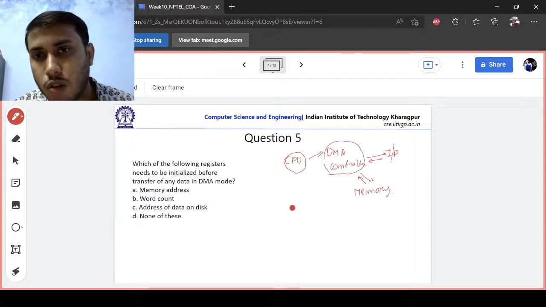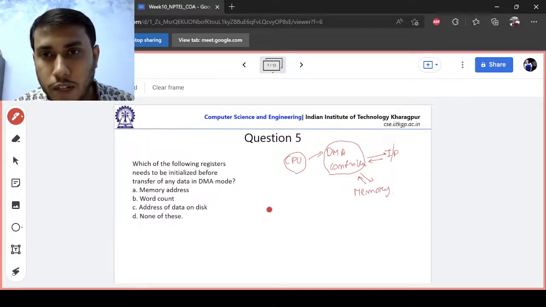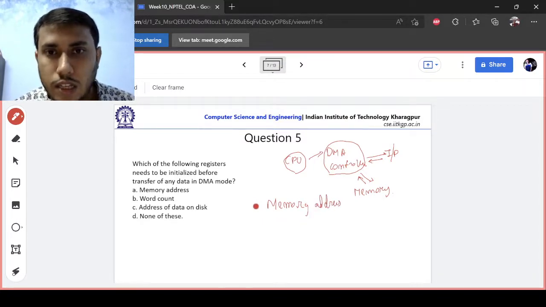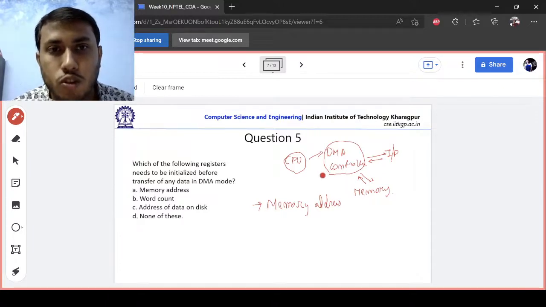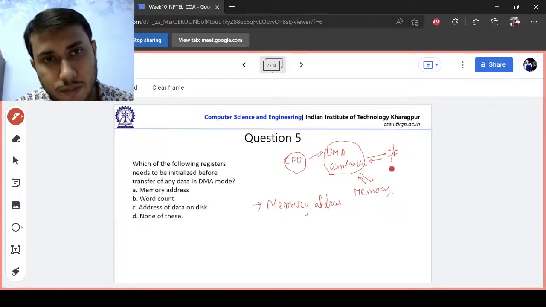If you have gone through the theory, the memory address is initialized by the CPU. Why? Because you need to tell the DMA controller to which memory location the data has to be stored, or from what memory location the data has to be transferred to the IO device.